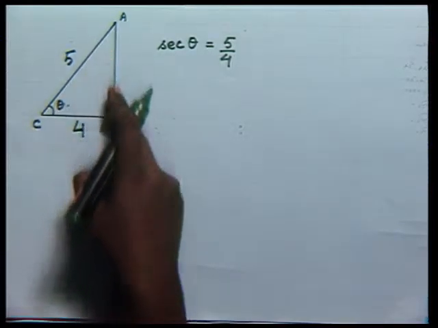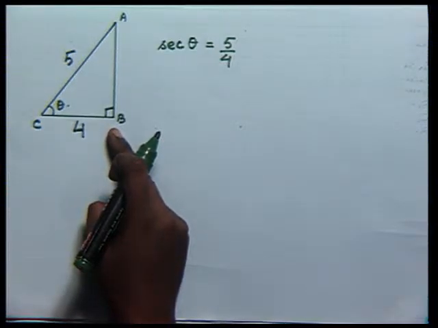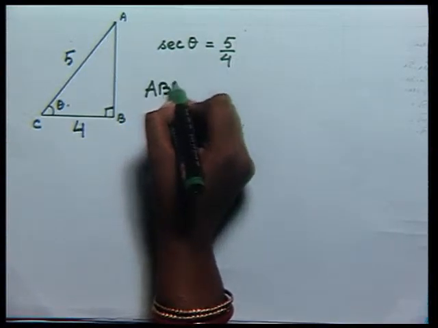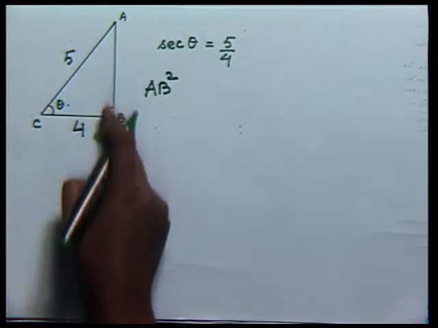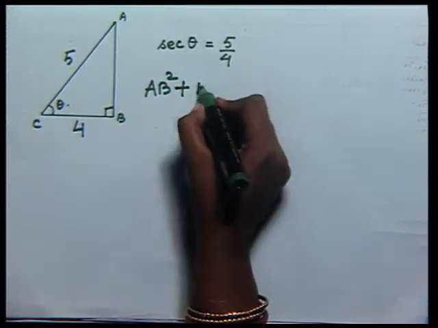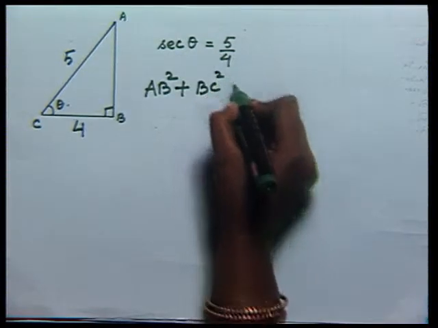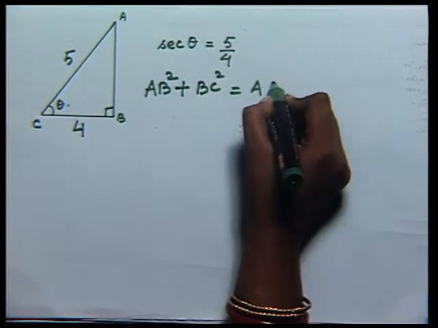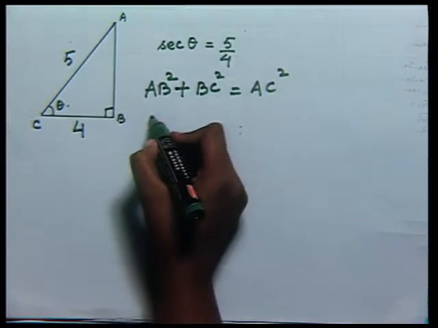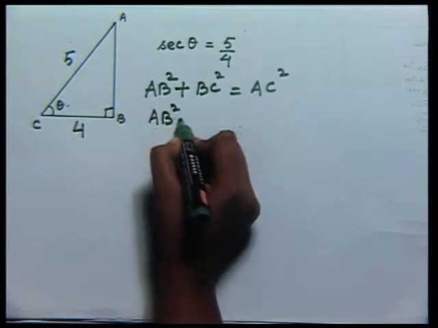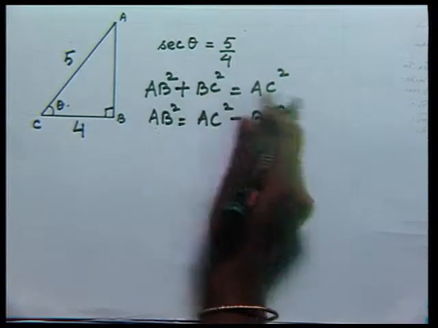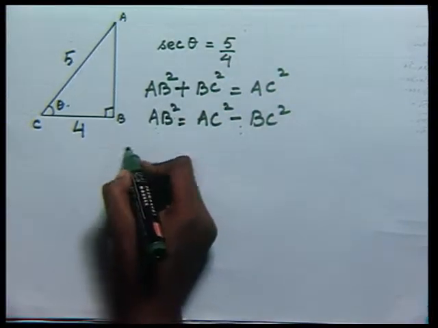Now, since this is a right angled triangle, we can use Pythagoras theorem, which says that AB square, that is the square of the side opposite to the angle theta, plus BC square, that is the square of the adjacent side, is equal to the hypotenuse square. AB square we have to find out. So, we have AB square is equal to AC square minus BC square. We have taken BC square to the right hand side.